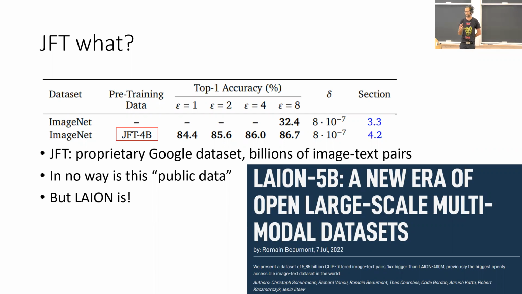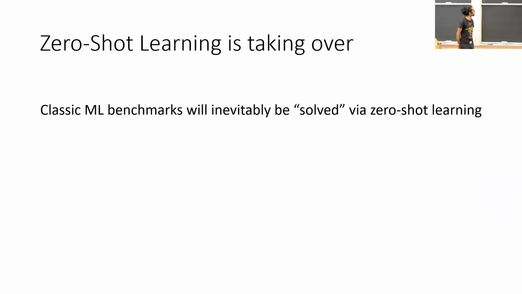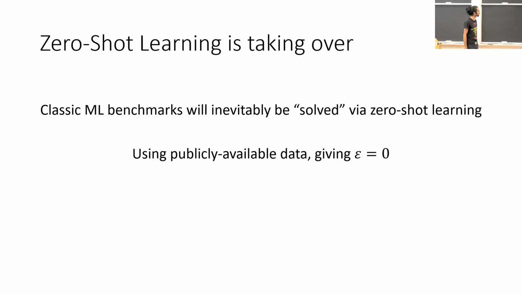People are going to be getting better in the non-private setting and so on. And here's my big statement. My prediction is that classic ML benchmarks will inevitably be solved via zero-shot learning using publicly available data, giving epsilon equals 0 with respect to this sensitive training data set.